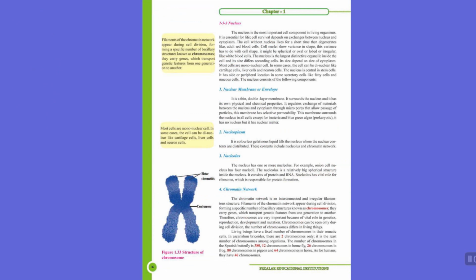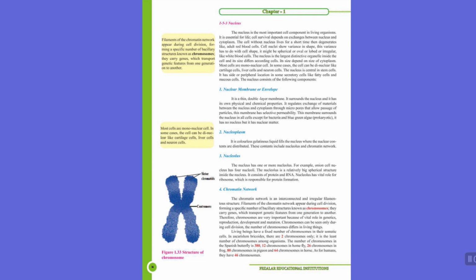Nucleus. You remember we said there are three main parts of eukaryotic cells: cell wall, plasma membrane, and then cytoplasm. We completed the cytoplasm, with its living and non-living contents.